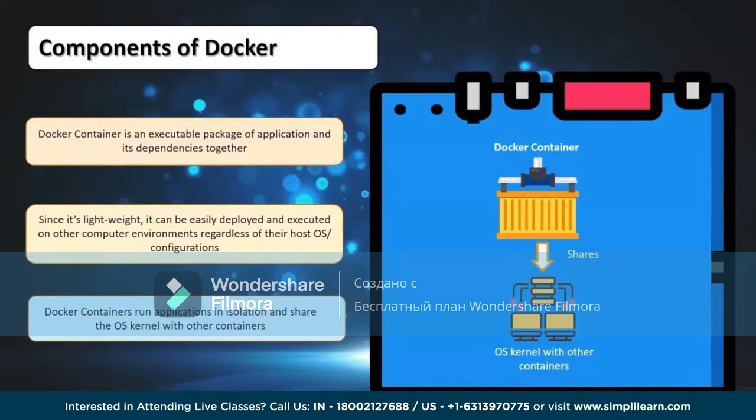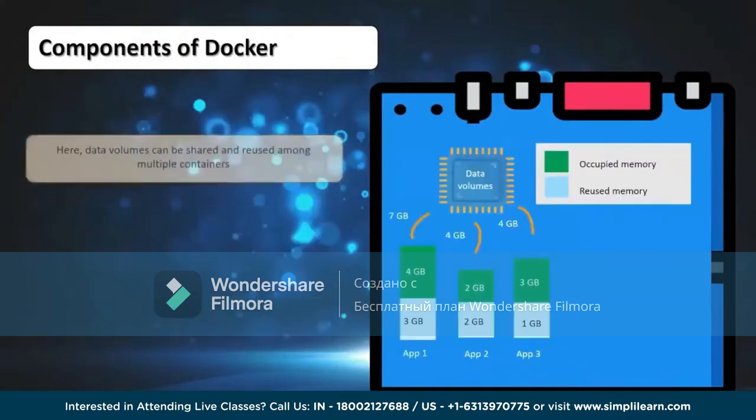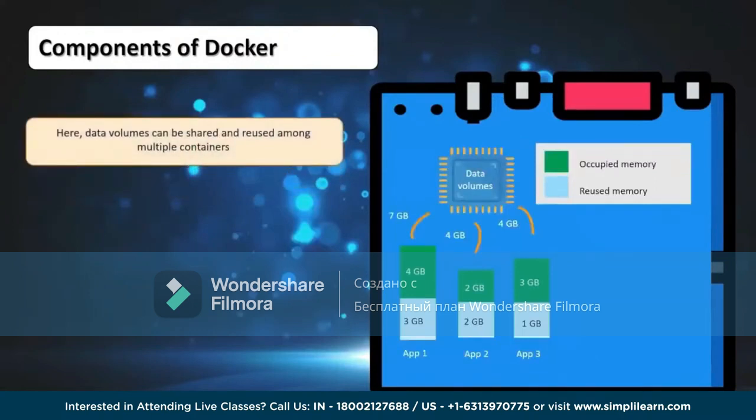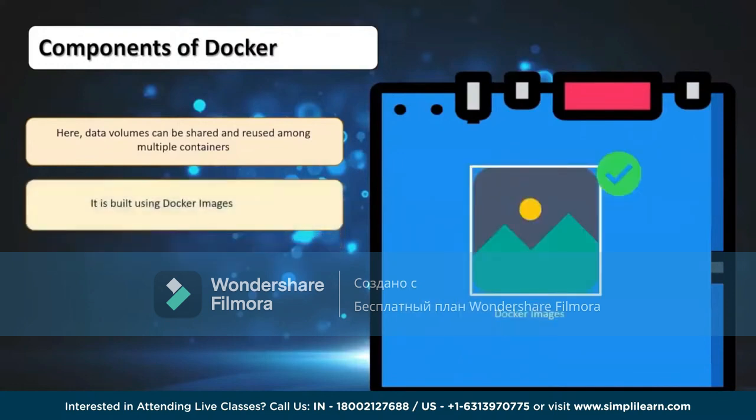Two different containers will not have any interaction unless we set it up. There are also data volumes, which can be shared and used among multiple containers, so unused space can easily be shared across multiple containers.